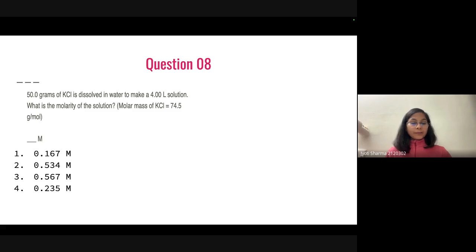Can you calculate it? You have the mass, the molar mass, and the volume. You just need to calculate the molarity.